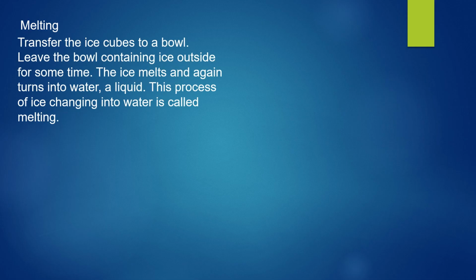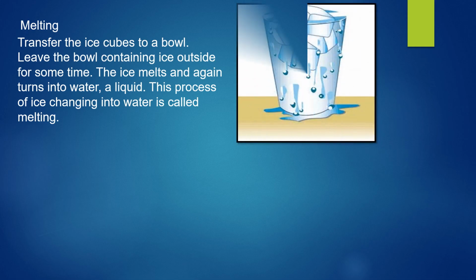Transfer the ice cubes to a bowl. Leave the bowl containing ice outside for some time. The ice melts and again turns into water, a liquid. This process of ice changing into water is called melting.